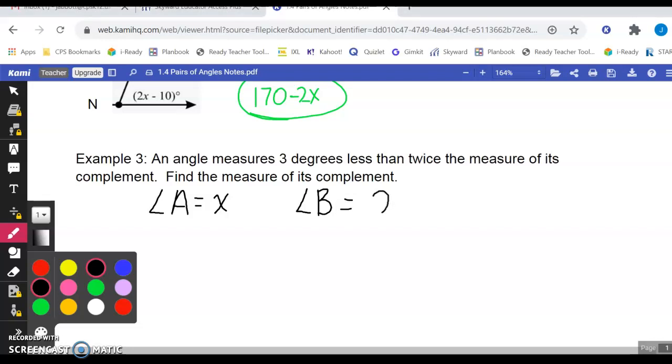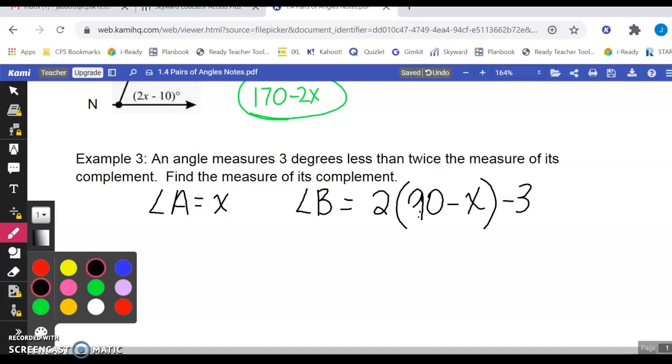Twice the measure would be 2 times the complement, which is 90 minus x, because if they're complementary, they add to 90 degrees. And then 3 degrees less than that.